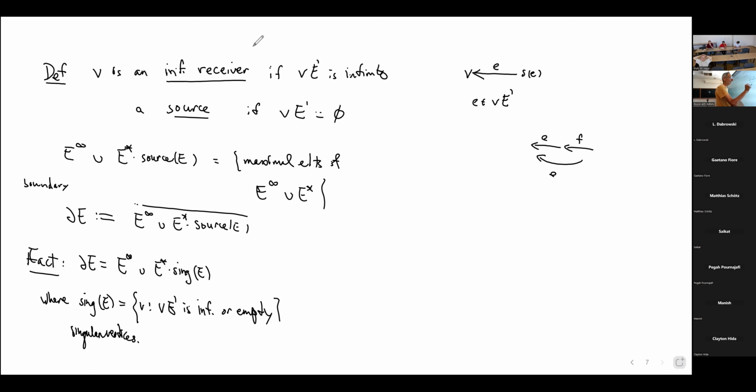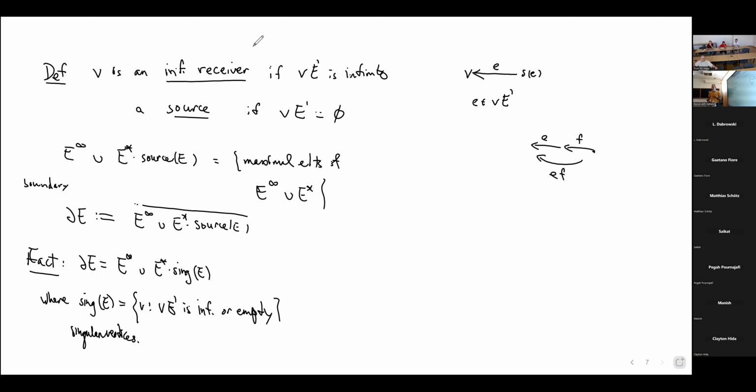We write EF, because think of them as functions. E composed with F is really F followed by E. So the function F has to be done first. The range of F has to be the source of E. So the only thing that comes to v is v itself, the zero length path.